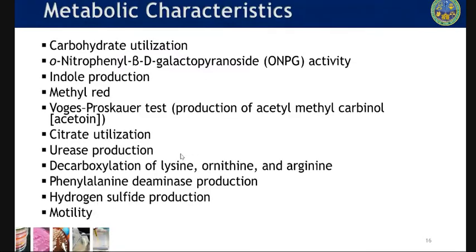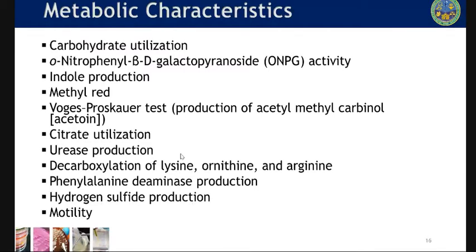Now, for the metabolic characteristics of your Enterobacteriaceae, number one is carbohydrate utilization, the use of different substrates with different types of sugars. That includes, of course, your glucose, lactose, sucrose, and several others.